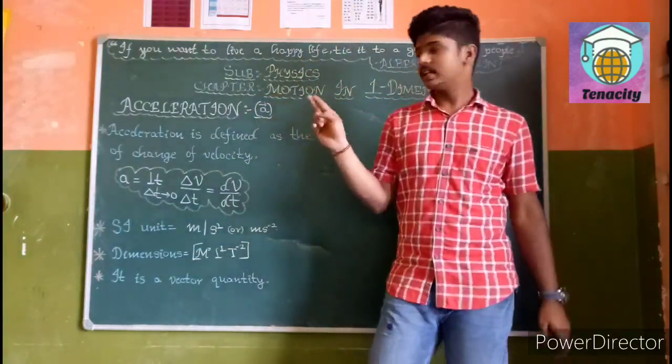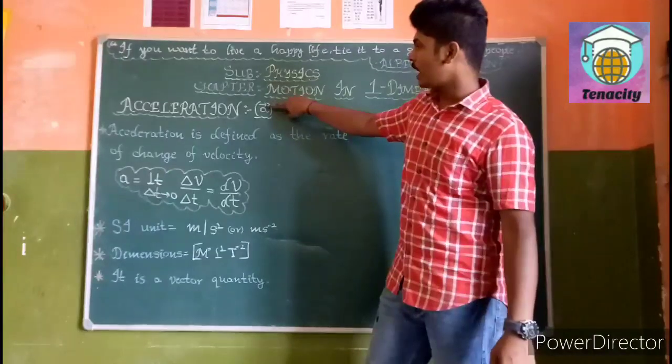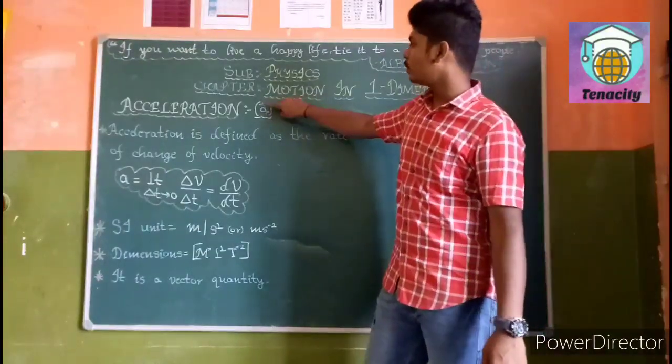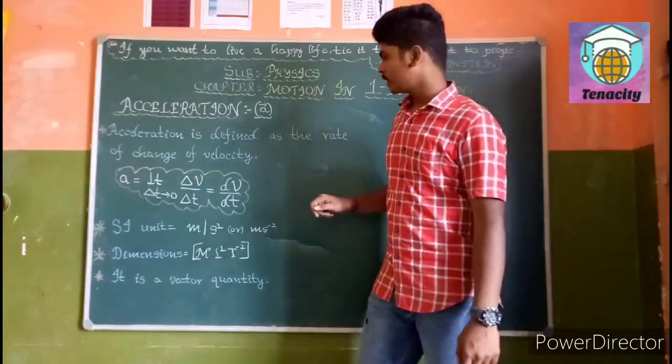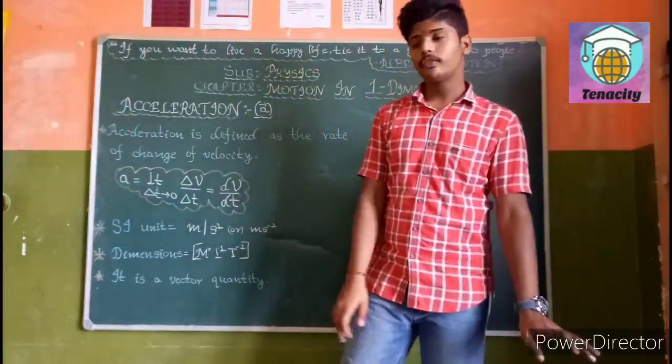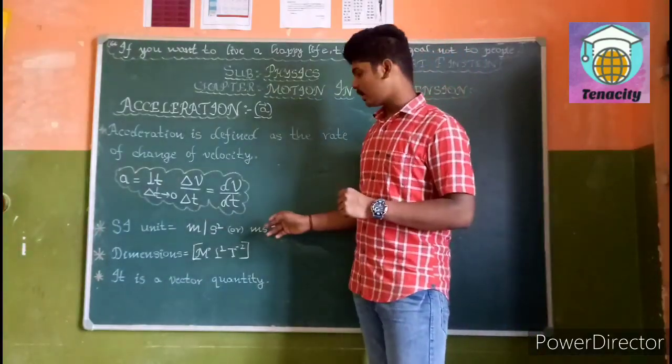Acceleration is a vector quantity, so I mention an arrow mark above A. A denotes acceleration.